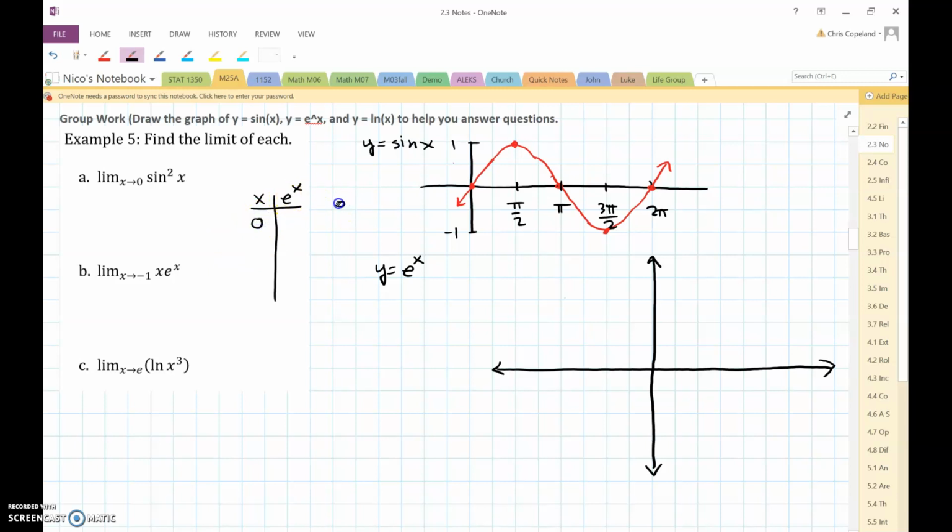E, if you remember, is roughly 2.718, kind of like pi. It's an irrational number. So if it's e to the 0 power, that's going to be 1. So we're going to have a point at 0, 1.